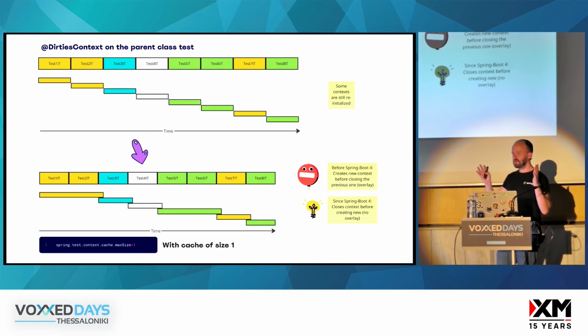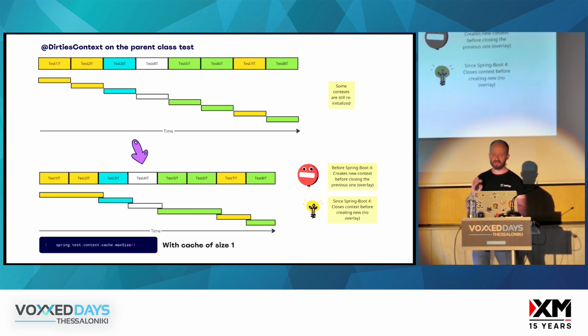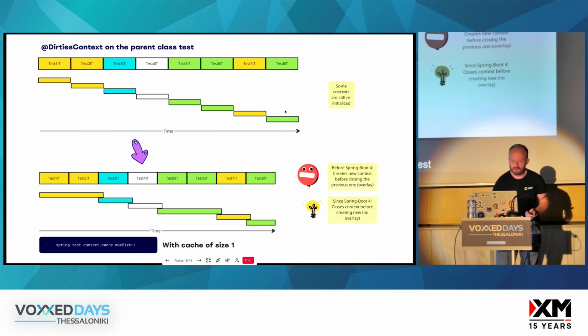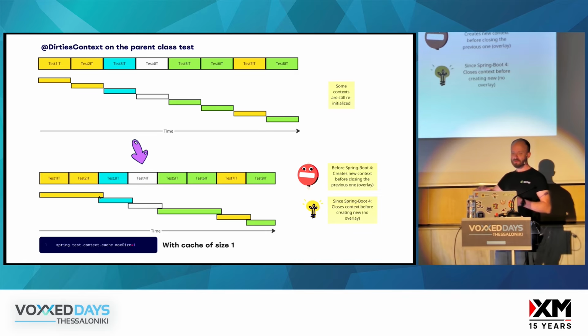So what will happen? Let's consider the case when the cache size is only 1. For subsequent tests that have the same configuration, like test 1 and test 2, we will now already reuse the same context, as you see. But then when we start the new test 3, it will create the new context and then shut down the first one. So the cache will always be no more than 1.